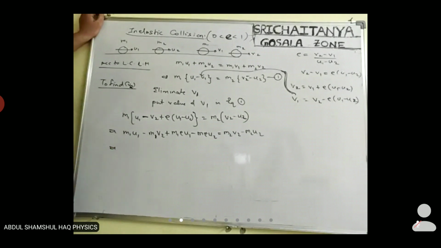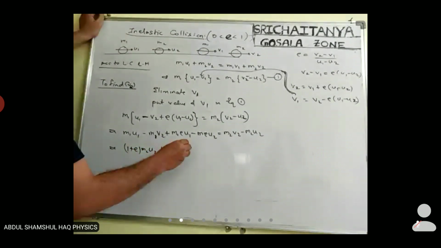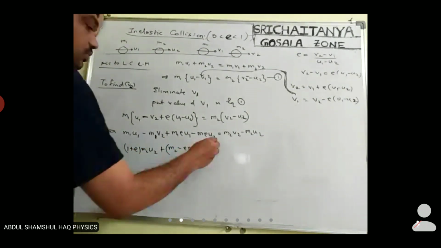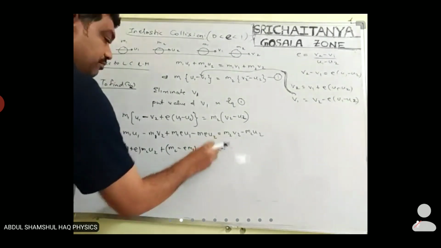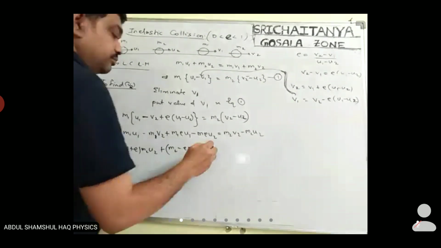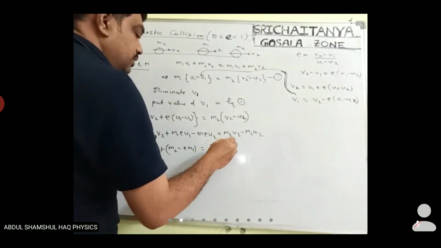So here, students, we can see (1 plus E) into (M2 U2 plus M2 minus E M1) equals V1 plus V2 into M1 plus M2.